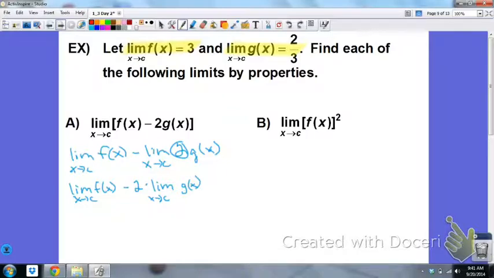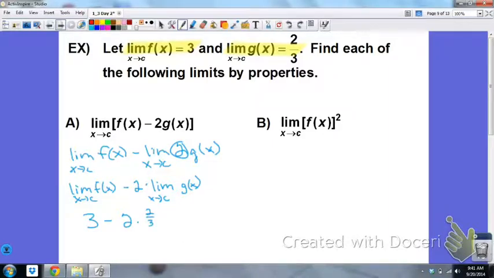So it said earlier in the problem that the limit as x approaches c of f of x is equal to 3, minus 2 times the limit as x approaches c of g of x, which is equal to 2/3.